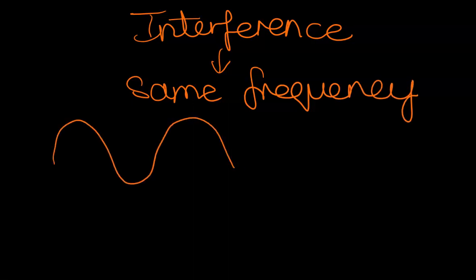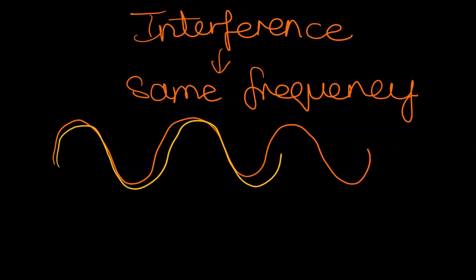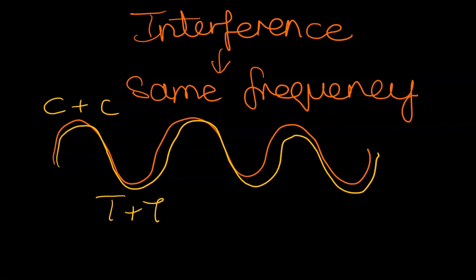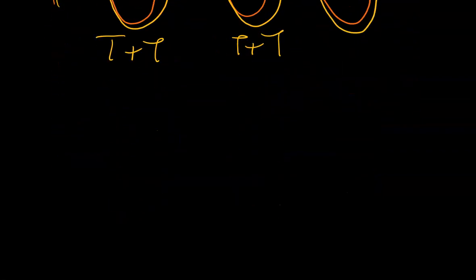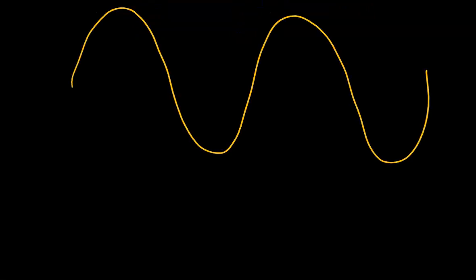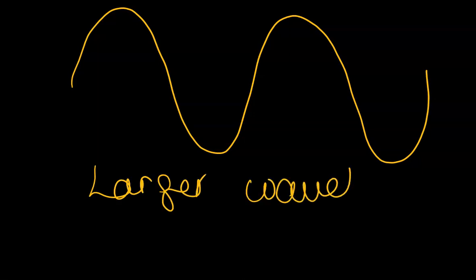So you have wave A, and then you have wave B. These two have the same frequency, so at any point in time I have them totally overlapping. I have crest and crest, and trough and trough, totally overlapping. So the result is a larger waveform being generated.